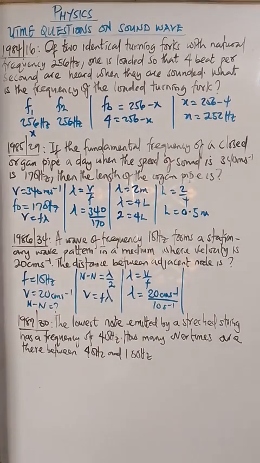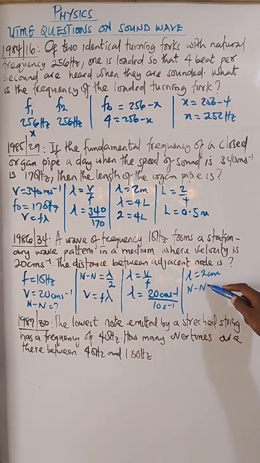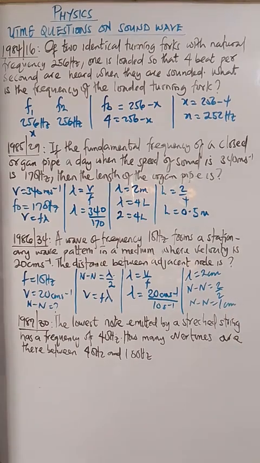I'm just trying to demonstrate here that we don't need to convert, since per second will cancel per second. So the wavelength is 2 centimeters. Our aim is to get the node distance, which is wavelength over 2, so 2 over 2. So the node distance is 1 centimeter, and that is the answer.